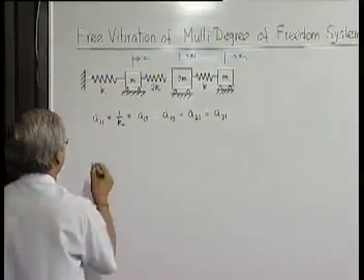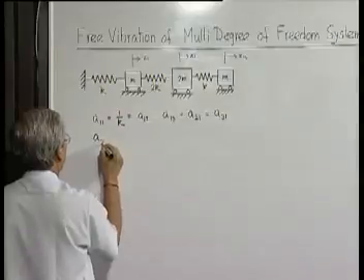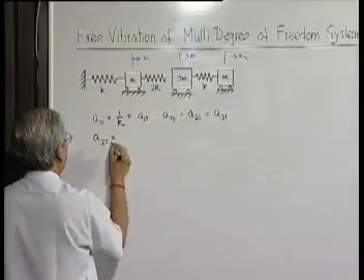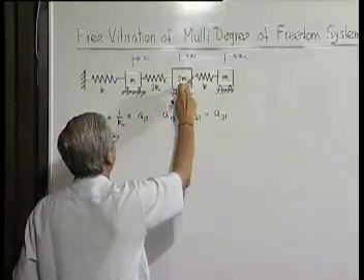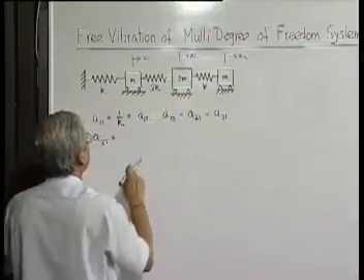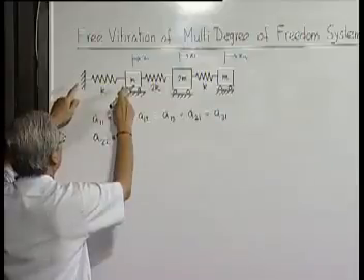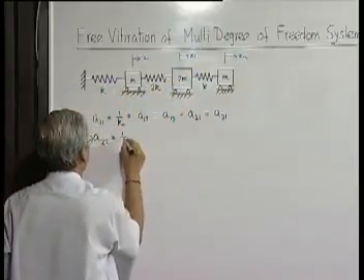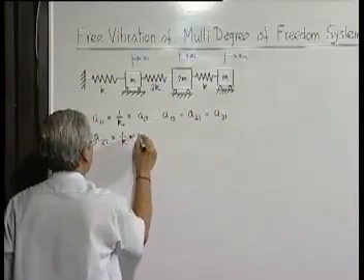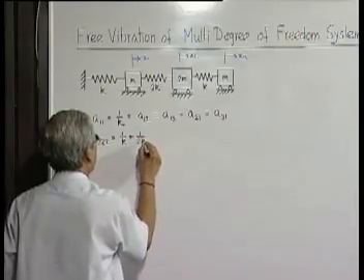Next, A22. A22 means that if I apply a unit load here, what will be the displacement of this? It is obviously the stretch of this spring due to unit force, so it is 1 by k plus 1 by 2k.